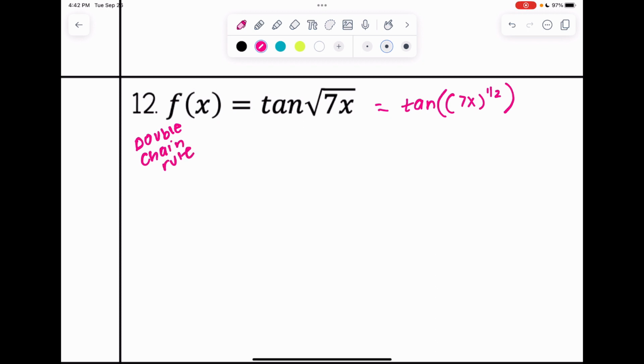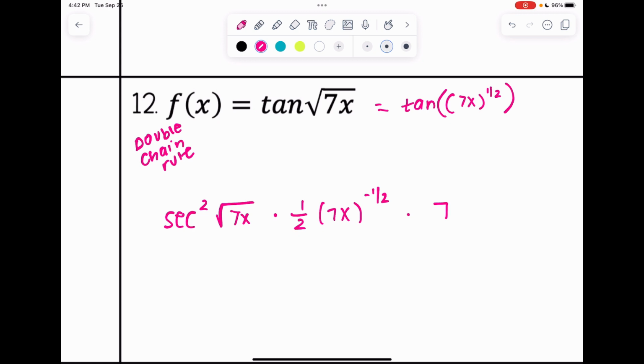The derivative of the outside, the derivative of tangent, is secant squared radical 7x. Then the derivative of the middle has that 1/2 power, so I'm going to bring that down, subtract 1 from the exponent, and then the derivative of the innermost, which would be 7.